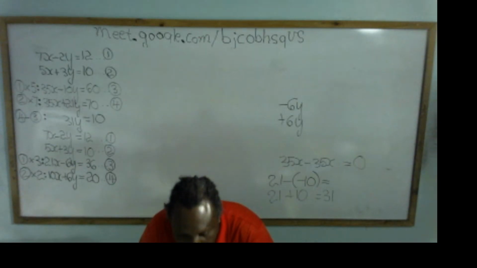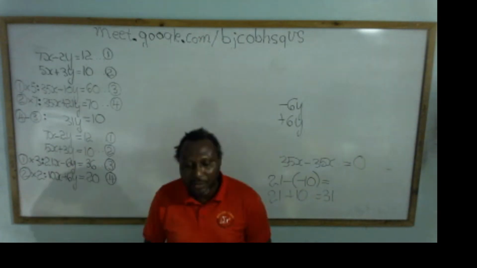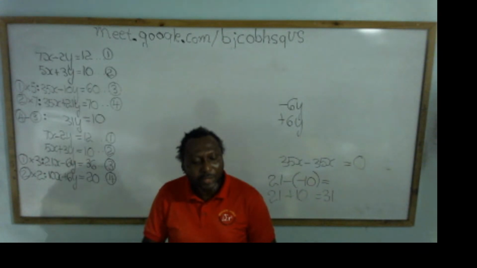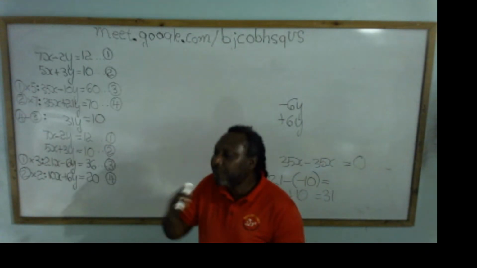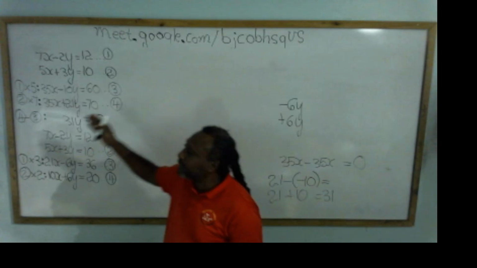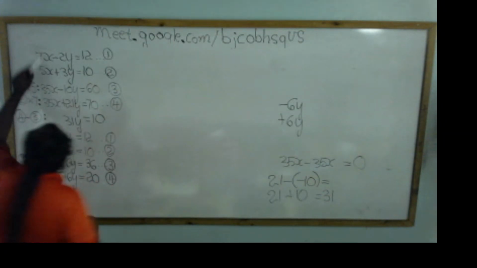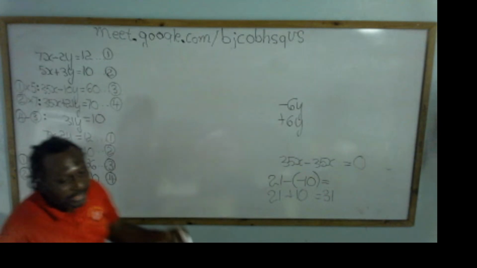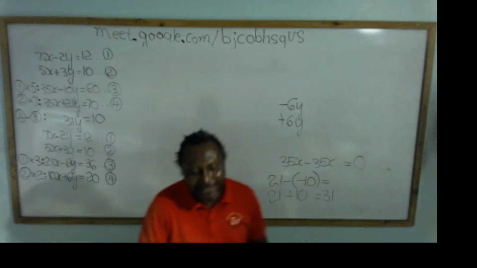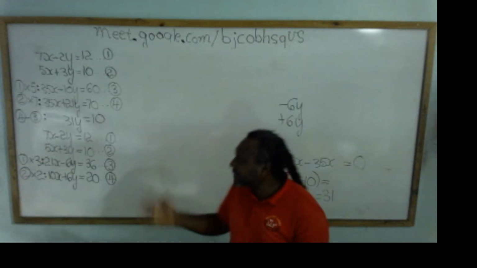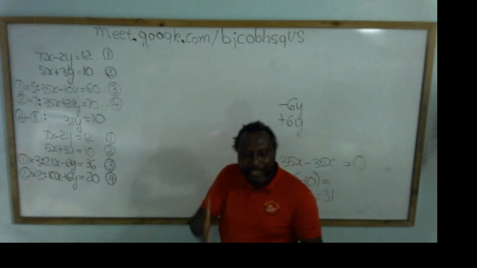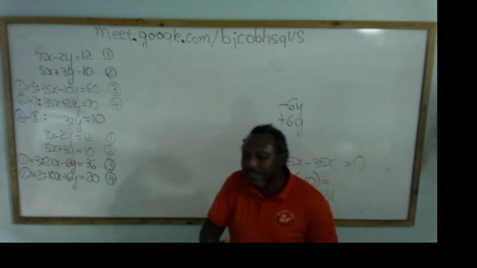Yes, we are doing the same thing, not just with different numbers. We are doing the same thing, but in the first case, we use the coefficients of x because we are interested in eliminating the x's. Then in the next case, we are interested in eliminating the y's, so we use the coefficients of y.